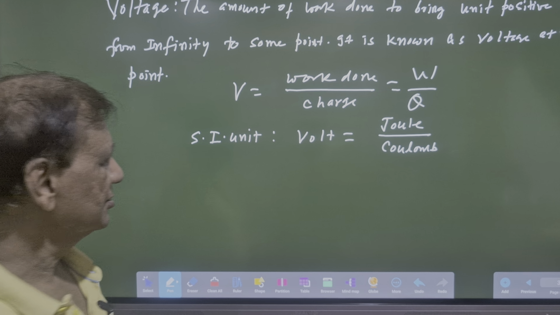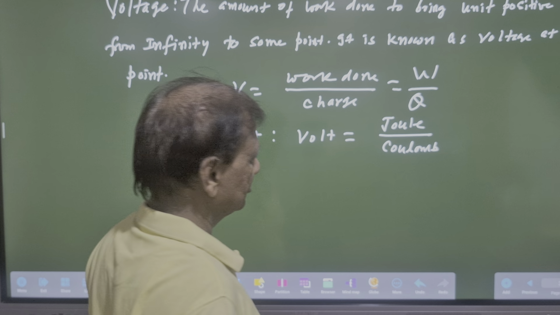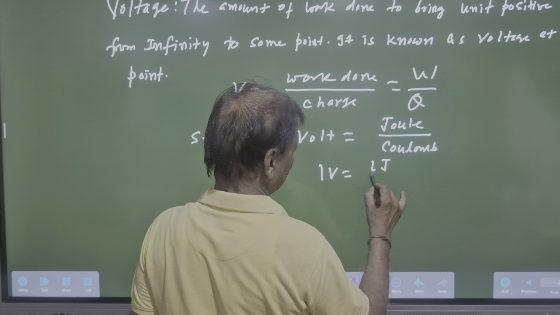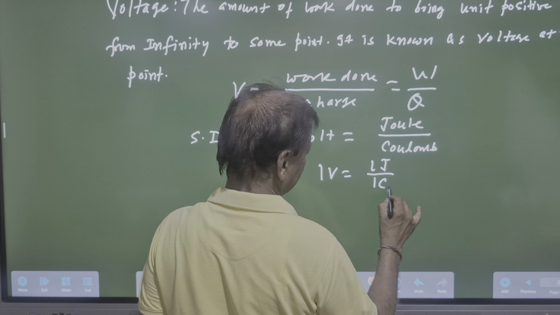So volt means joule by coulomb. So 1 volt is equal to 1 joule upon 1 coulomb.